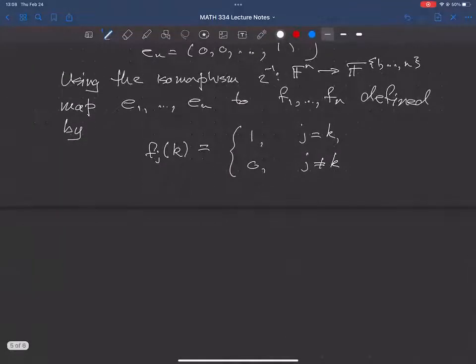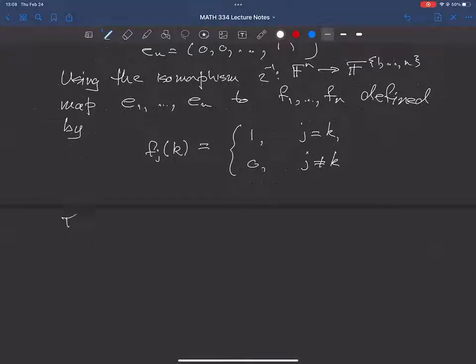And so this set is linearly independent.